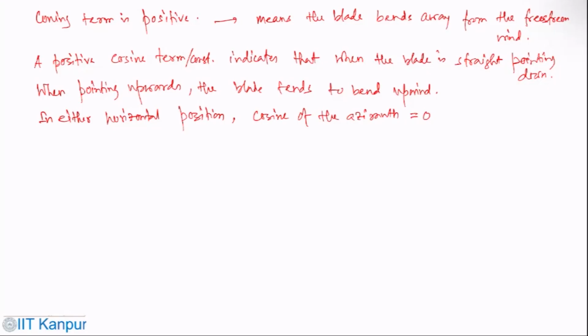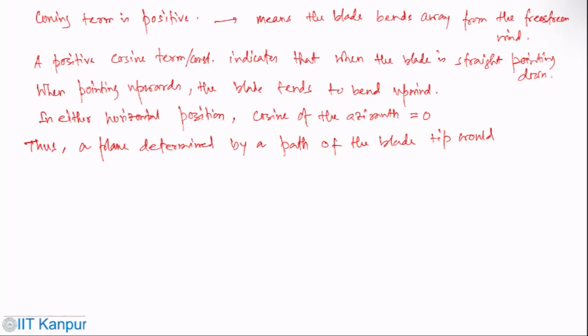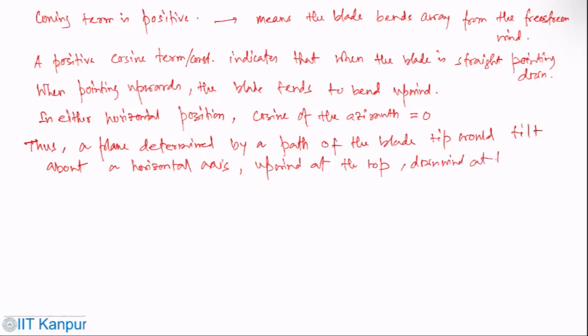So, thus a plane determined by the path of the blade tip would tilt about a horizontal axis, upwind at the top and downwind at the bottom. So this is what happens.